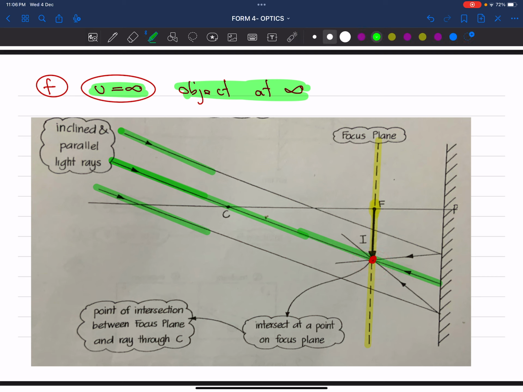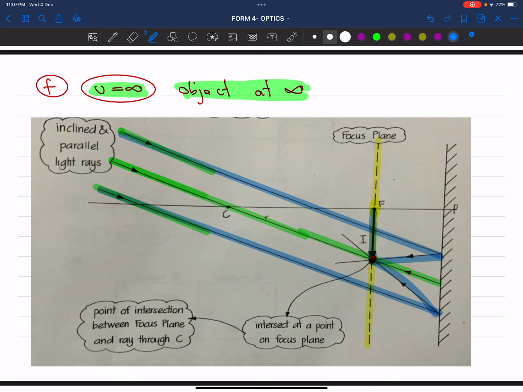For example, the top ray will go straight to the mirror and reflect back to the point on the focal plane. And the other light ray goes straight to the mirror, reflects, and you must draw back to the point on the focal plane. And this is where the image is formed.